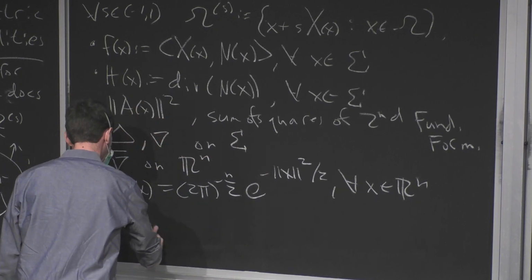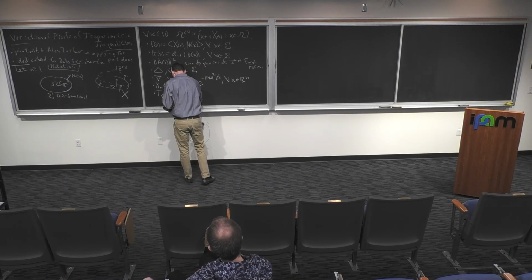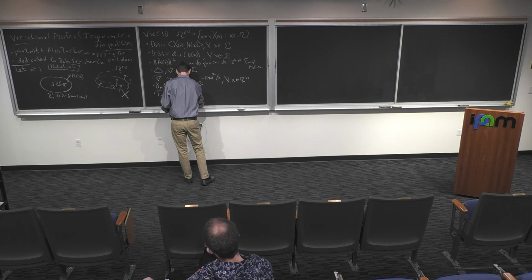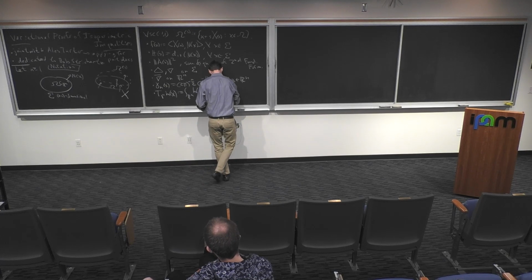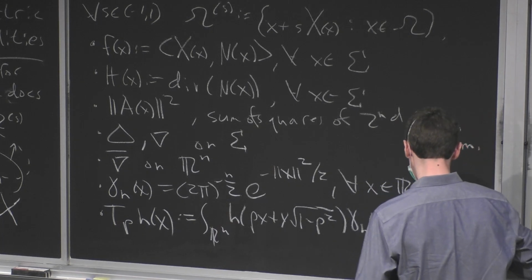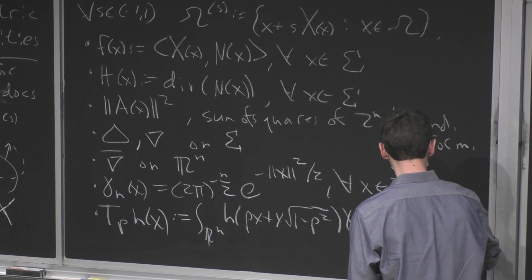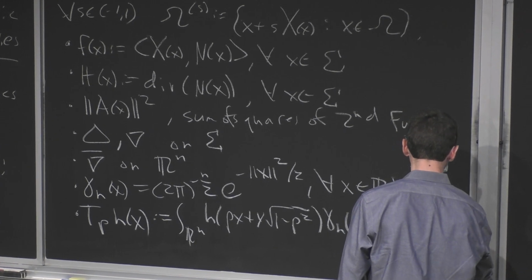So we got Ornstein-Uhlenbeck integral operator. And so this is for any, say, measurable function. Just take it to be bounded, because that's all I'm going to really care about.